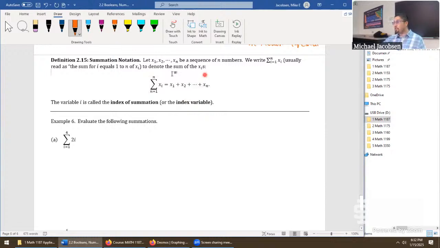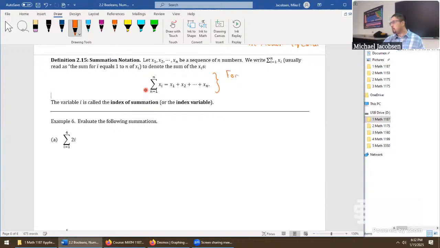But here's what's going on with the good old summation, or sometimes called sigma notation. We take a set of numbers, a sequence of numbers, and write down a summation in this sort of way to just represent repeated addition. The indexing is what's kind of interesting with this.